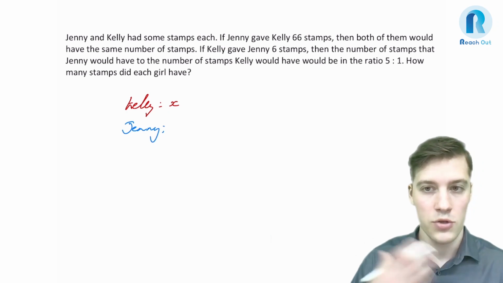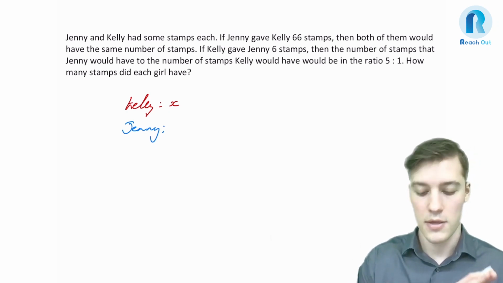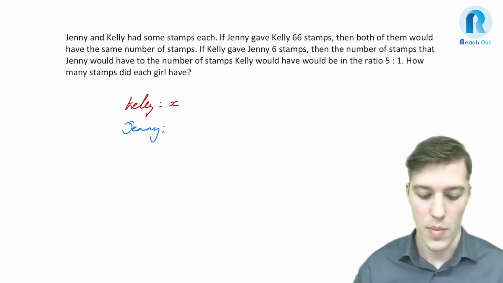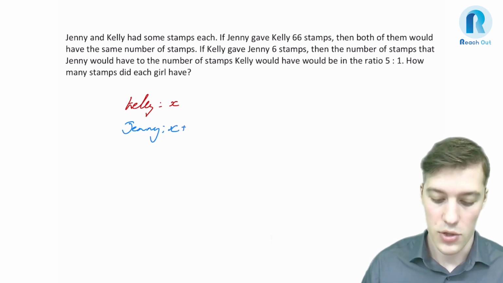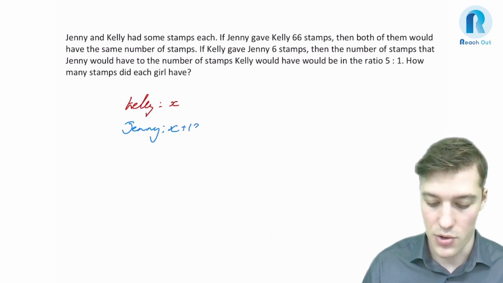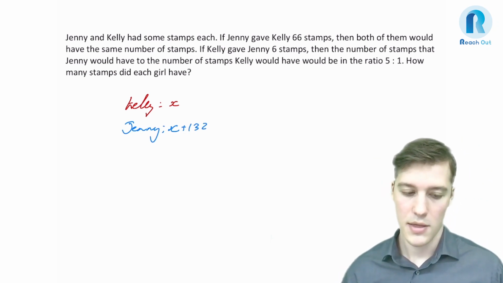Right? Because if you take 66 from one, add it to another, then you get the same amount. So Jenny's stamps will be x plus 66 times 2, which we can just simplify as 132.